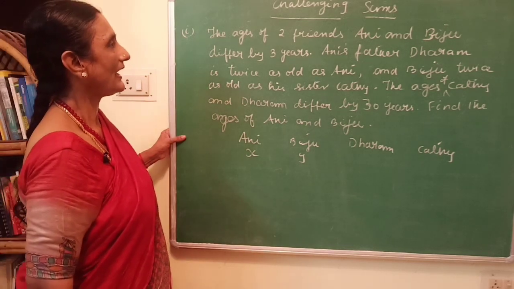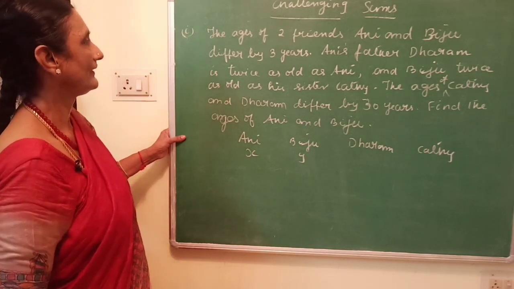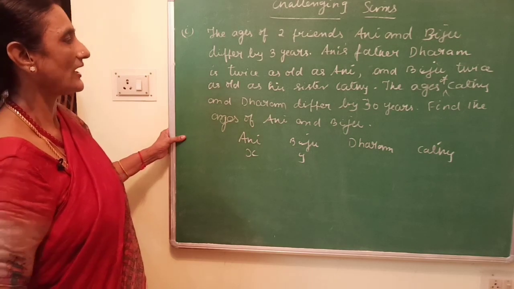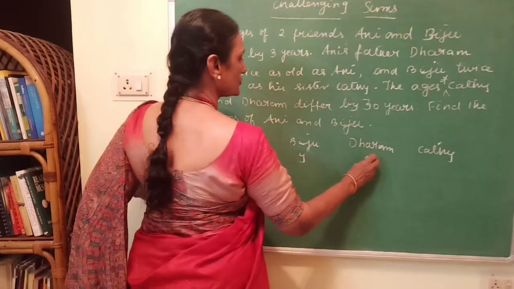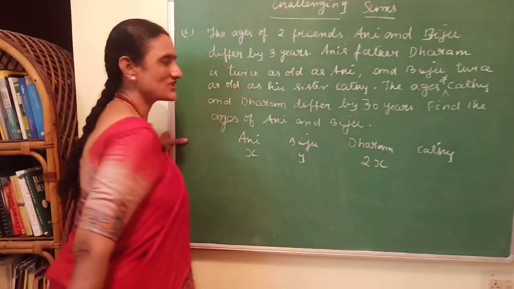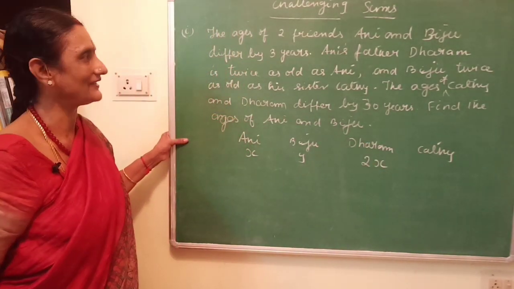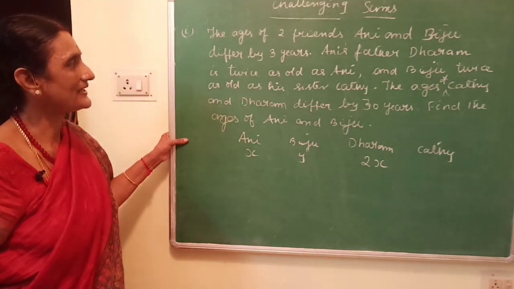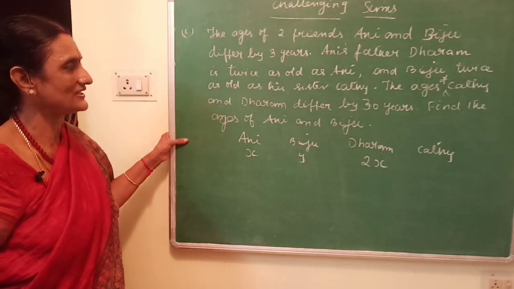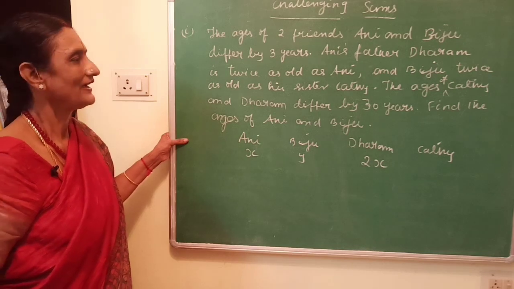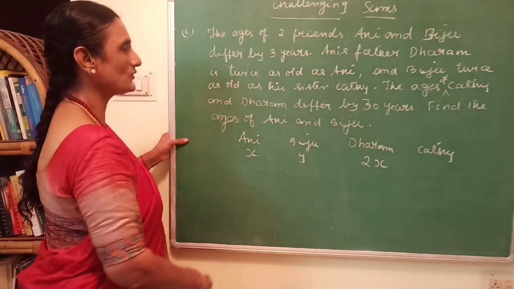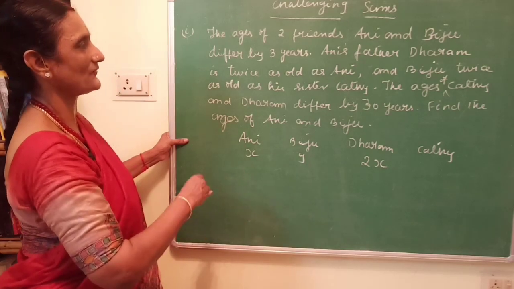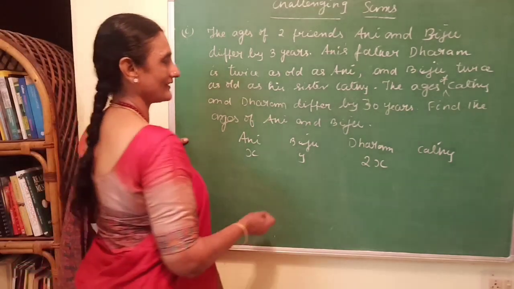Now Ani's father Dharam is twice as old as Ani. So Ani's father's age is 2x. He is twice as old as Ani, so I have put it like that. And Baiju is twice as old as his sister Kathy. So Baiju is twice the age of his sister Kathy.